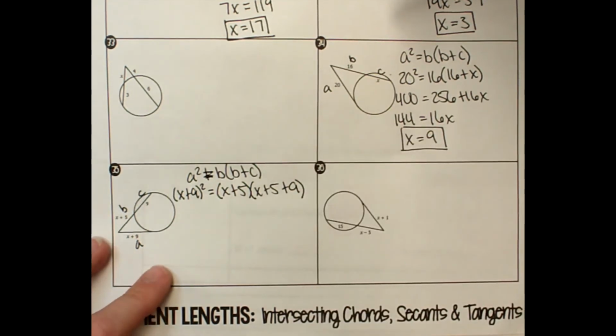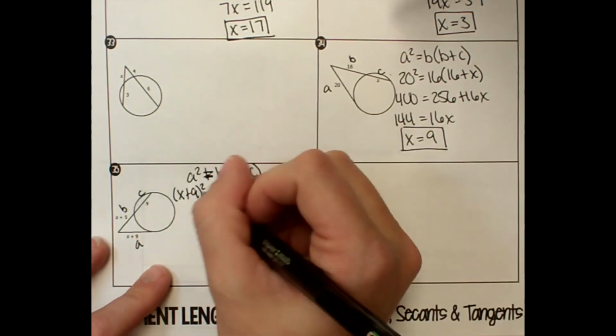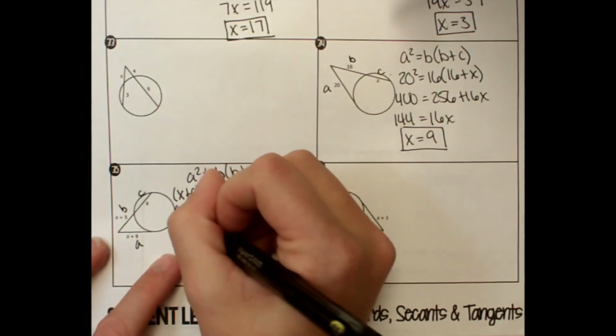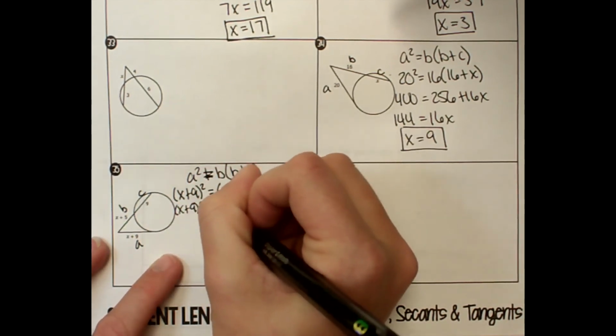That looks a little crazy. Remember, this x squared means that you have x plus 9 times x plus 9 over here.